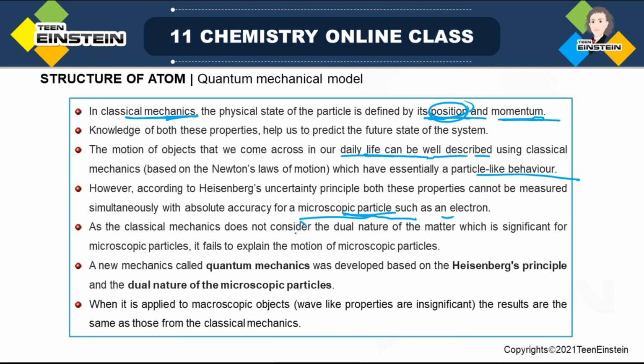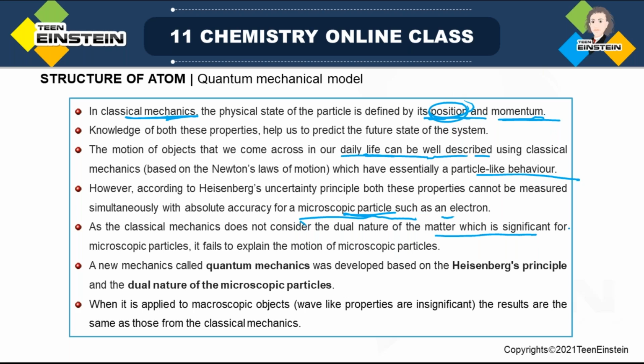Classical mechanics does not consider the dual nature of matter. That is fine with macroscopic objects because their wave nature is insignificant. But it is significant when you are considering microscopic particles. Now you have to consider both wave character and particle character.